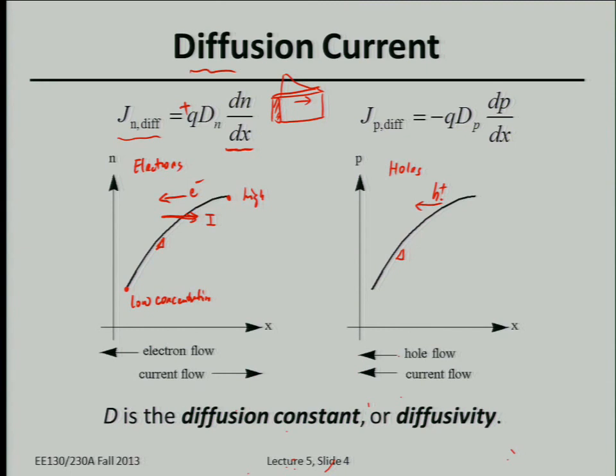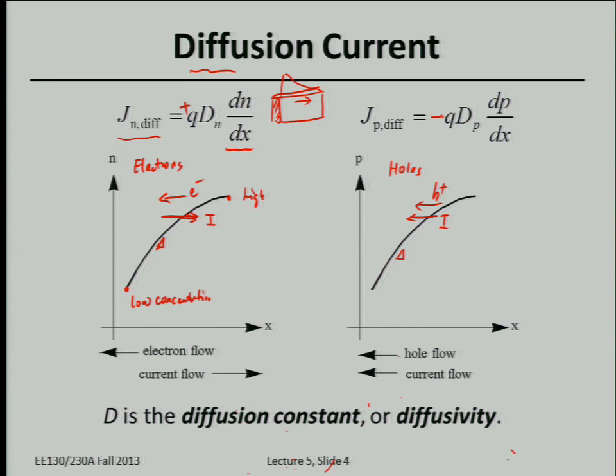But if you think about the current, because the holes carry positive charge, the corresponding current should actually flow from the right to the left, right? It should flow in the negative direction, which is the opposite case from electrons. That's why we put a negative sign here in characterizing the diffusion current generated by holes.